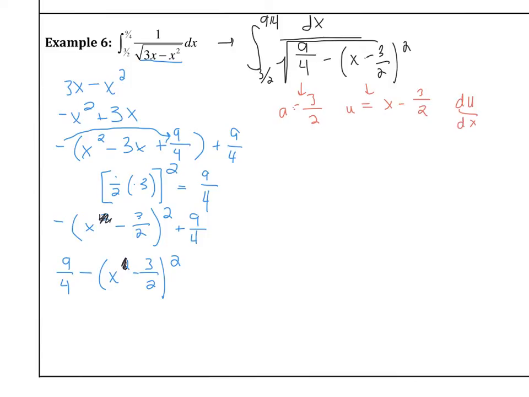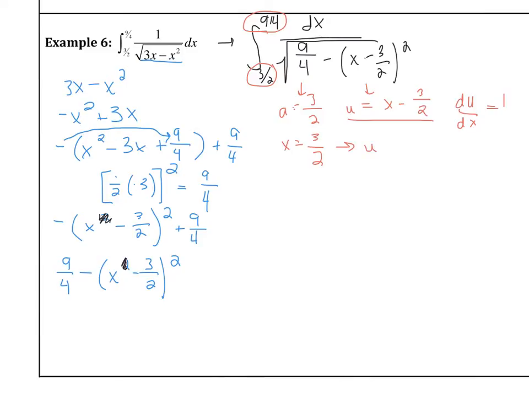And I am going to change my limits of integration to u values. So when x is 3/2, I want to change these guys to u values so that I don't have to back substitute. You can though. So when x is 3/2, I'm looking here, of course, u is 0.